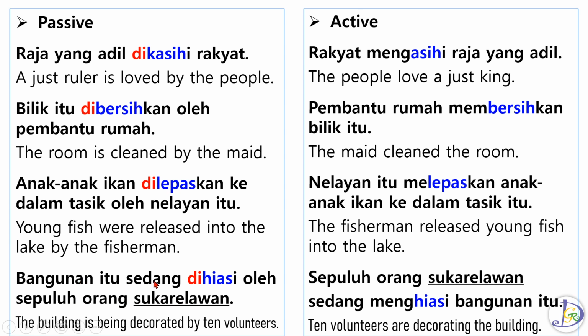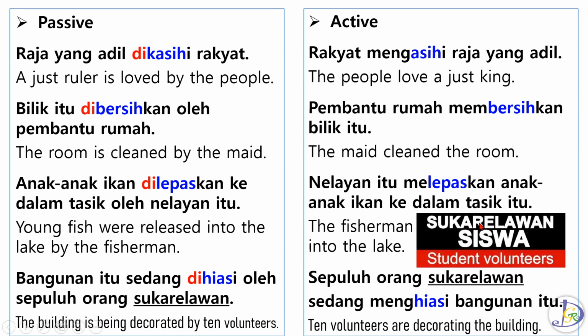The building is being decorated by 10 volunteers. 10 orang sukarelawan sedang menghiasi bangunan itu. 10 volunteers are decorating the building. Sukarelawan, siswa. Student, volunteers. Siswa refers to the university or college students.